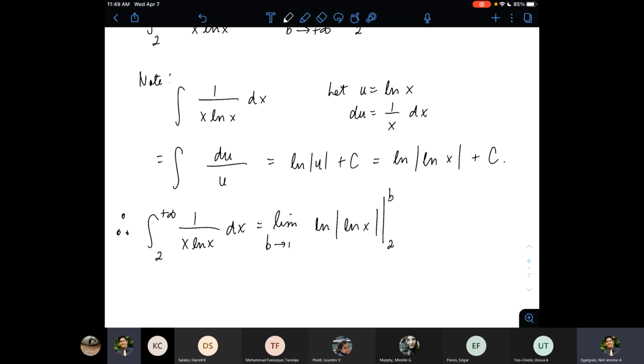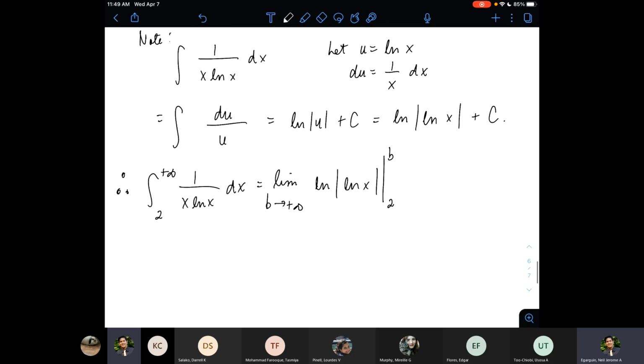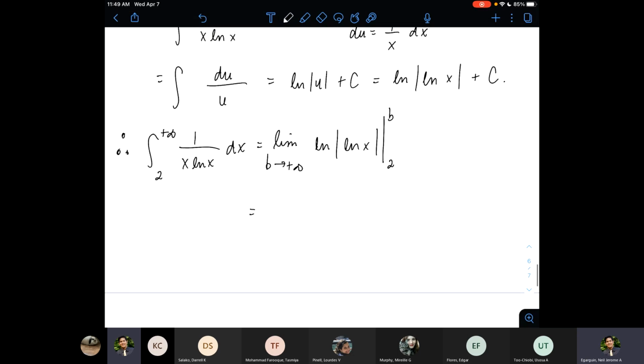Then we'll take the limit as b approaches infinity. This would be the limit of ln of the absolute value of ln b minus ln of ln 2 as b approaches positive infinity, right?